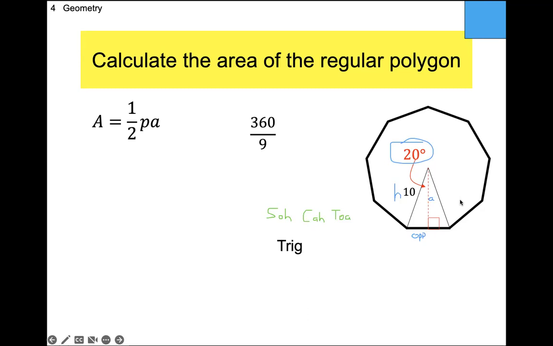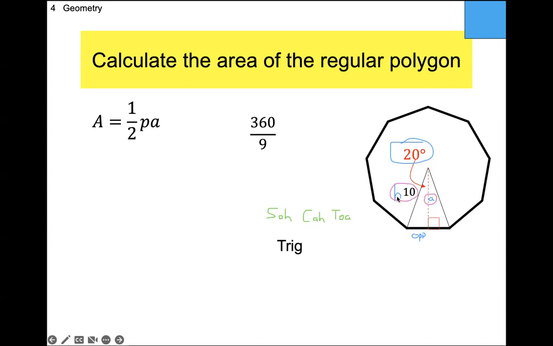Okay. I have to find both the opposite and the apothem as well. It doesn't matter which one you find first. If I'm trying to find the apothem, then that's the adjacent, and the number I have is the hypotenuse.